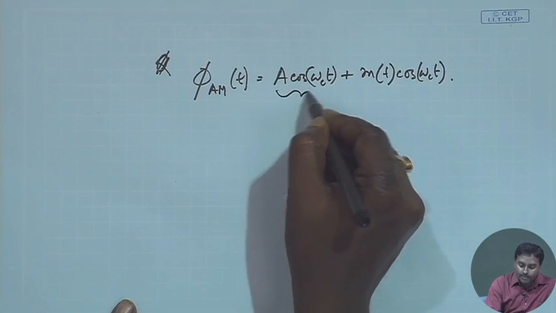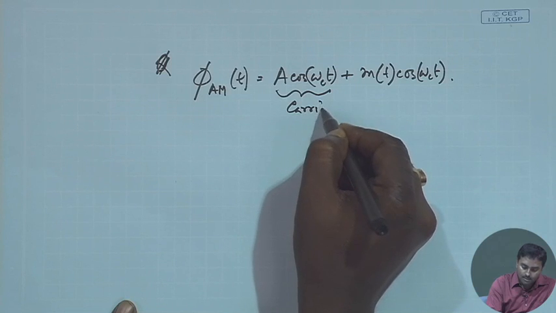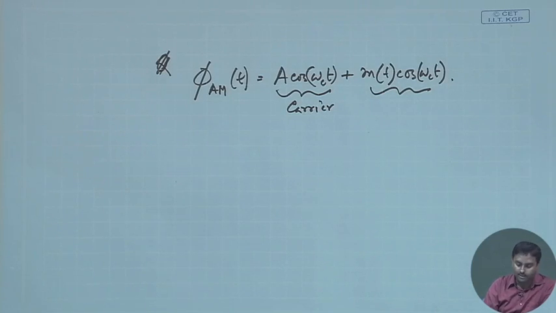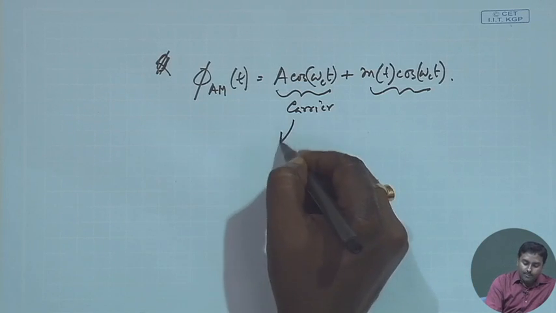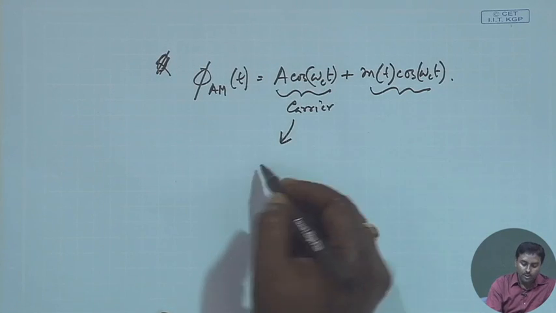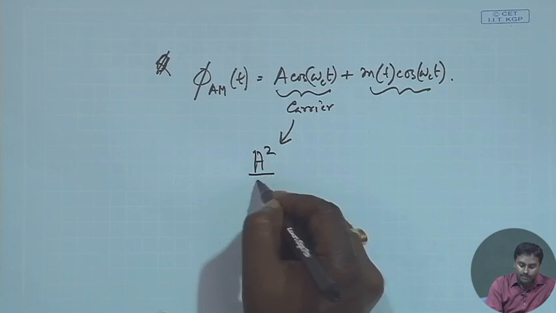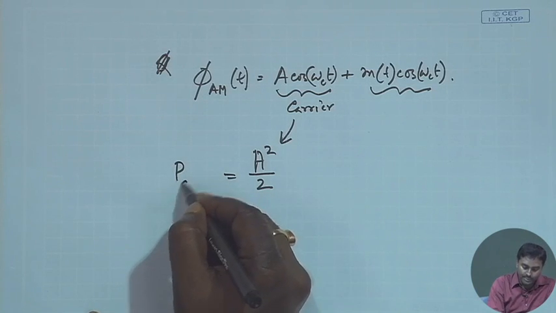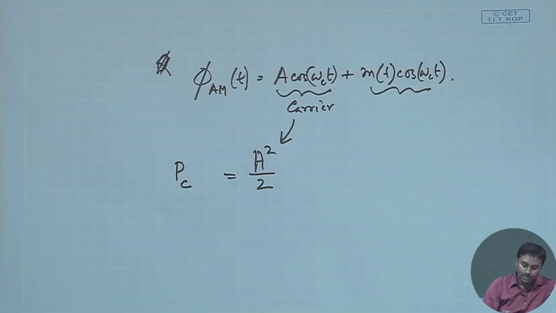Now, this is the carrier part, and this is that DSB-SC part. So, what is the power of this one? I am trying to calculate the power. I know it is a cosinusoid, so it should be A squared divided by 2. This is the carrier power, P_c, I call it.